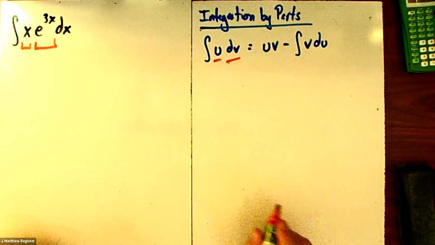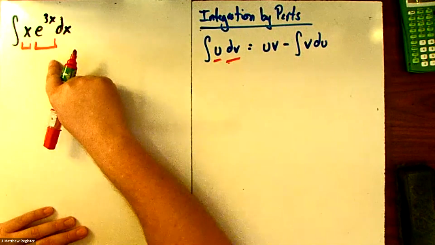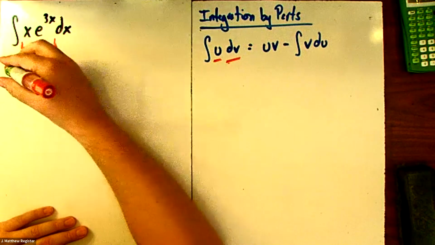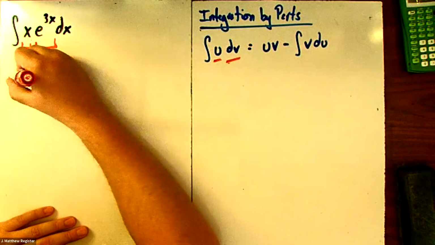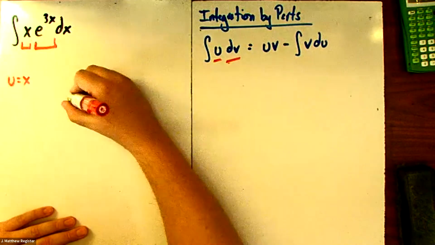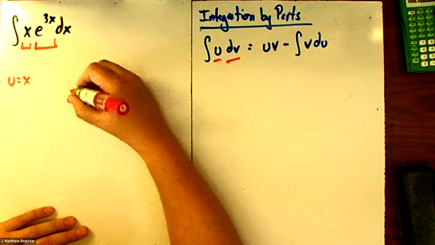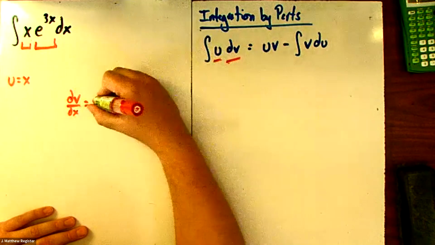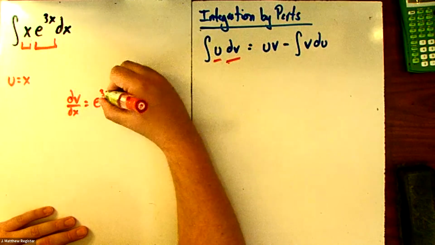And so in this case, I would probably let our u be equal to x. And then our dv, or if it helps you, dv dx, is equal to e to the 3x.